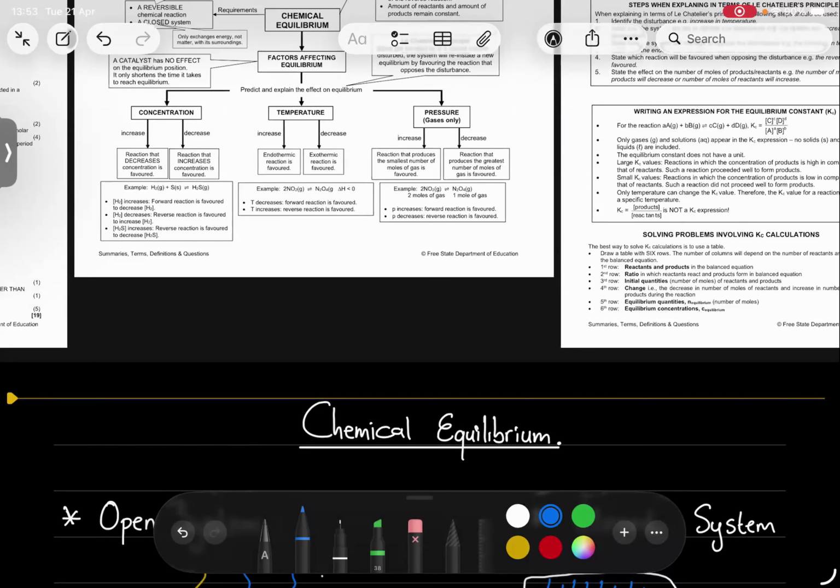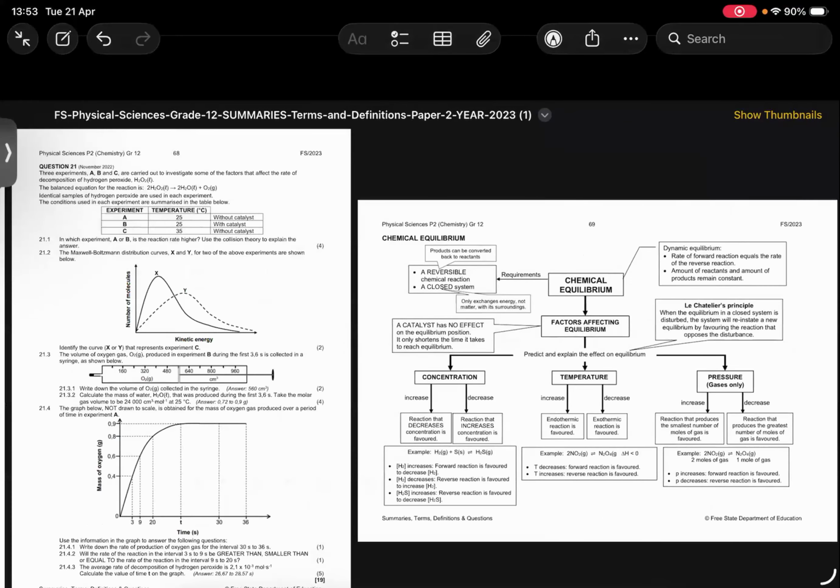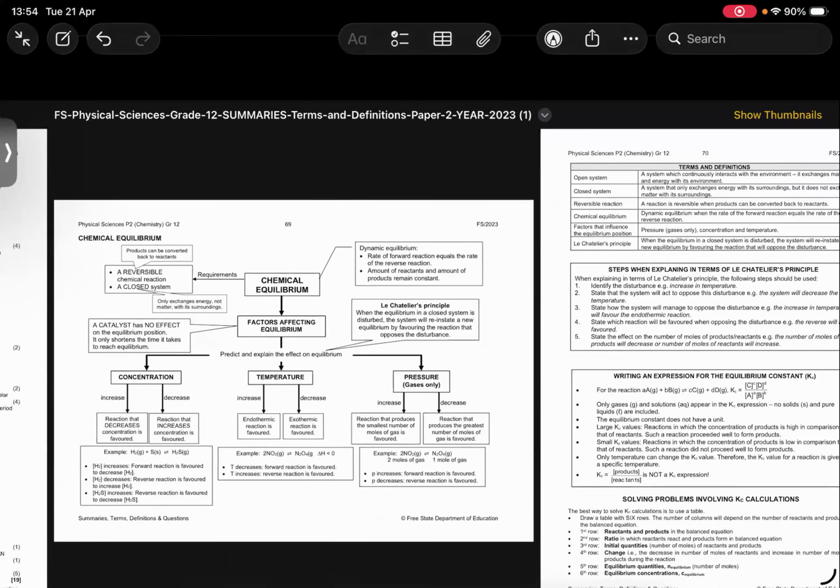And in chemical equilibrium, we are going to measure how reactants tend to products and products tend to reactants. Are we together, guys? Yes.